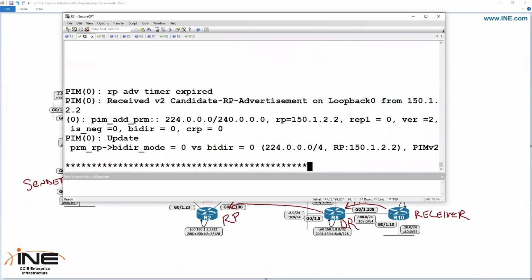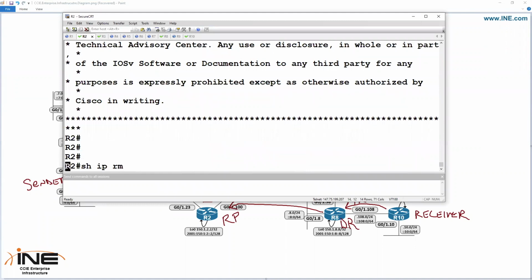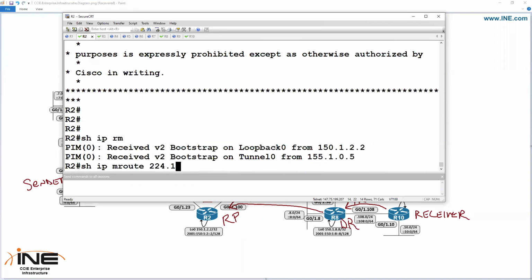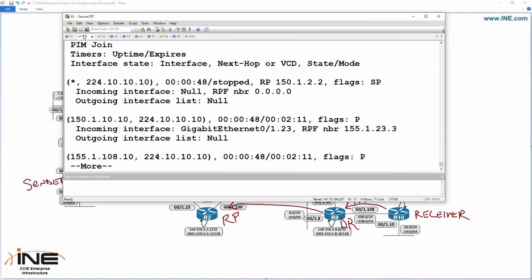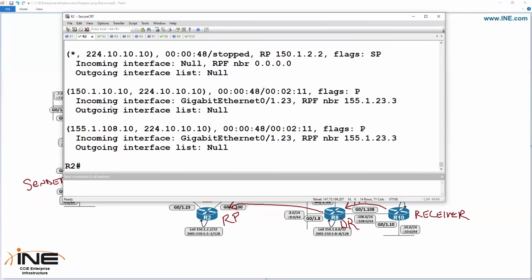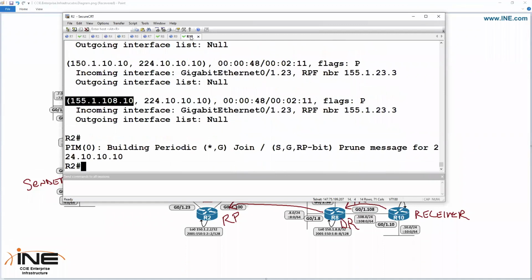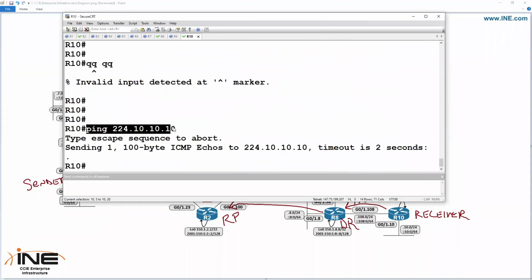So if we show IP mroute for 224.10.10.10, we should see the S, G entry where we have the sending address, we have the loopback, and we have the physical interface from router 10. Okay, because when you do a standard ping like this and you don't specify the source, it's going to come from all interfaces that are running PIM.